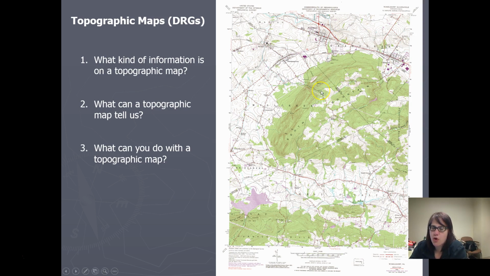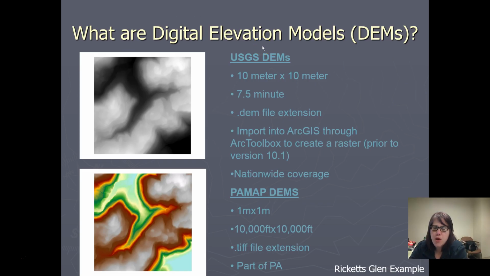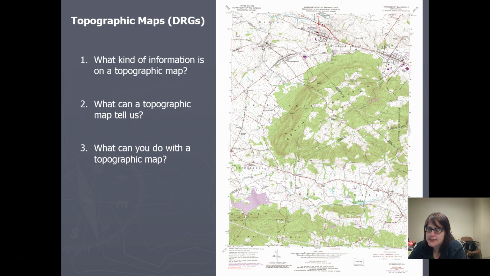Essentially, the whole point of a topographic map is to be a depiction of the terrain that you will be navigating. But a form that we can work with in a GIS that is a little bit more powerful than a topographic map is what's called a digital elevation model. The problem with these topo maps is that they're a static picture of elevation.